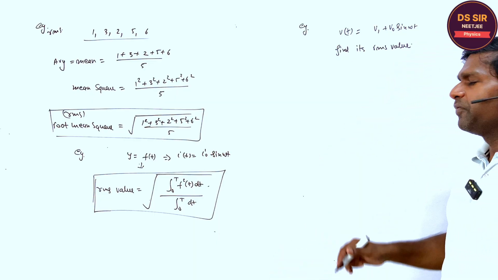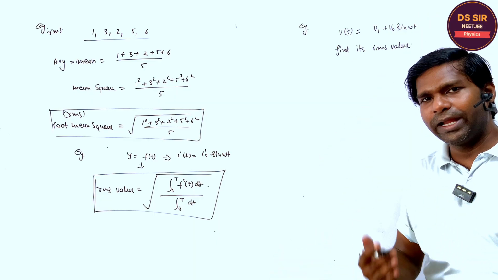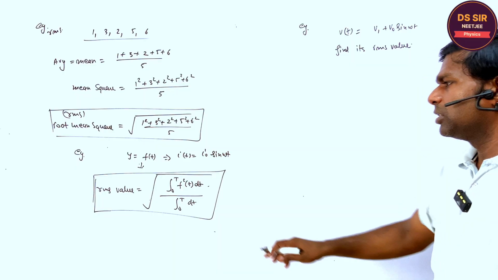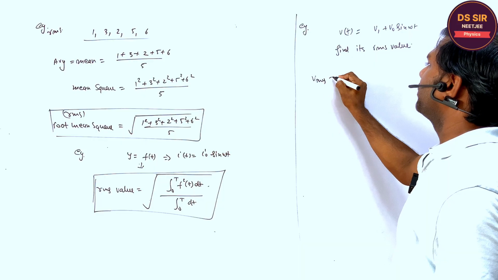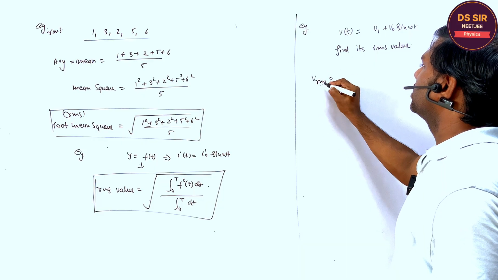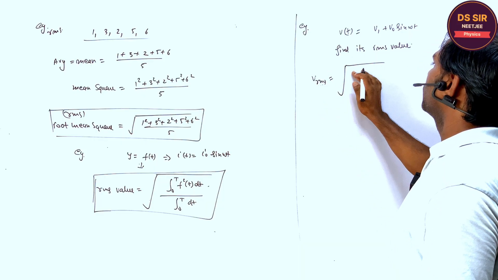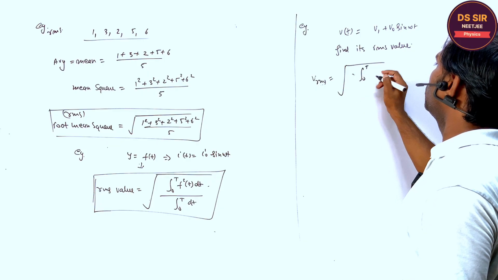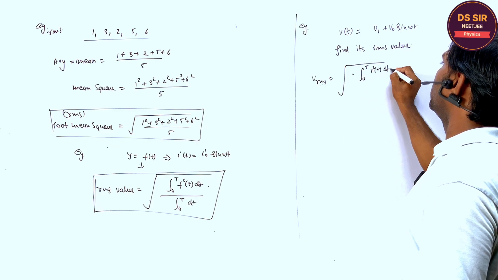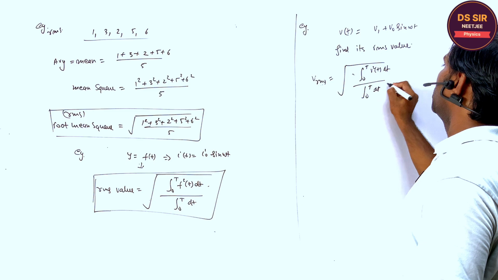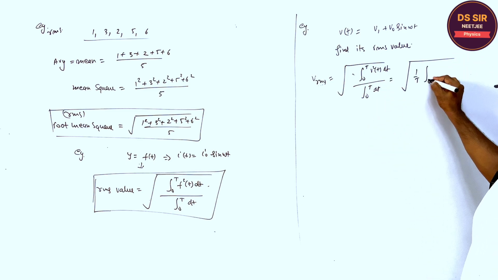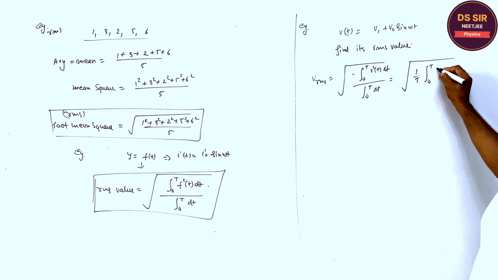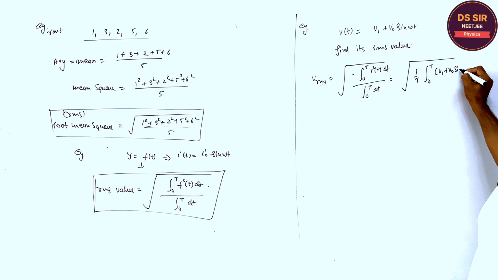First I will discuss the long method and then I will give you the shortcut method. In the long method, using the basic formula, VRMS is the square root of the integral from 0 to T of v square dt upon the integral from 0 to T of dt. So it will be 1 upon capital T, integral from 0 to T, and you have to square (V1 plus V0 sin omega t) whole square dt.